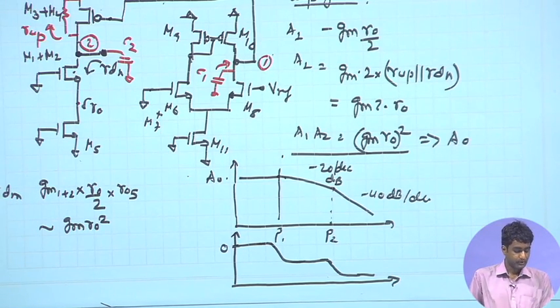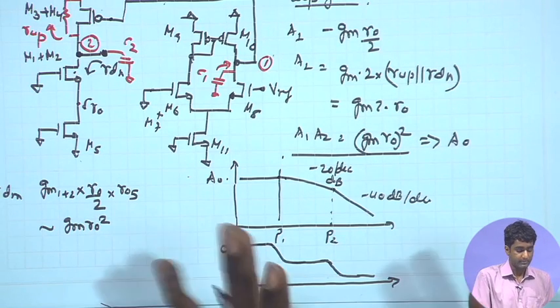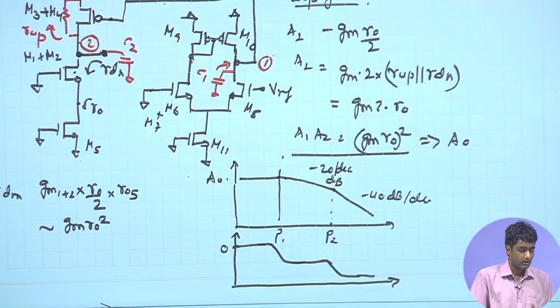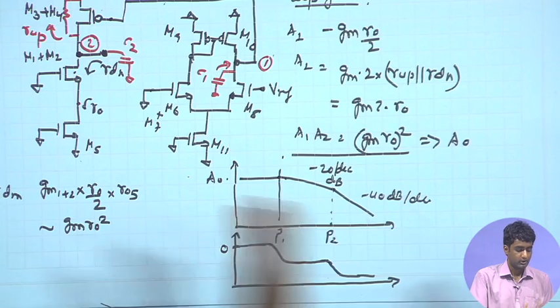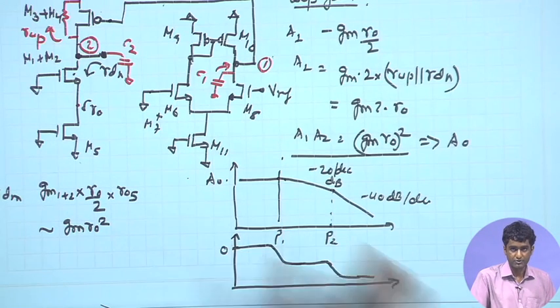And now in order to get a stable response, we have discussed earlier that we need to ensure a good phase margin, at least around 45 degree of phase margin, so that in the overall closed loop response we don't have any ringing, and with respect to parameter variations and process variations we also have enough margin.